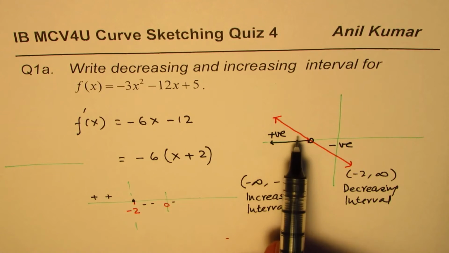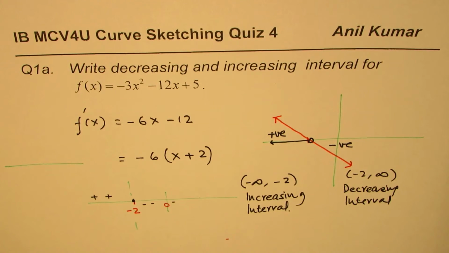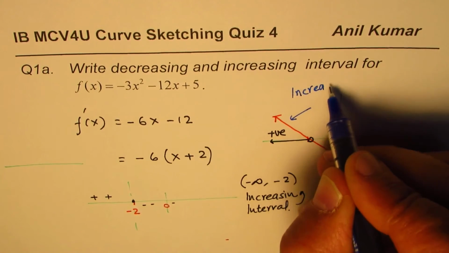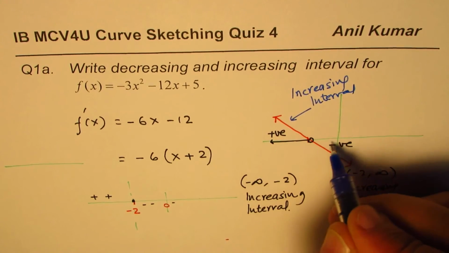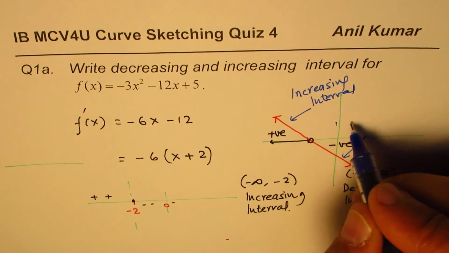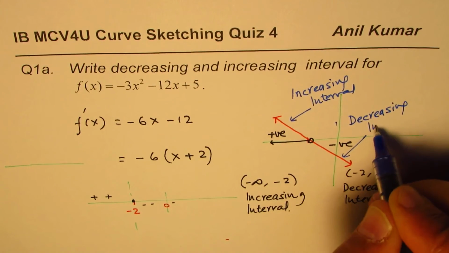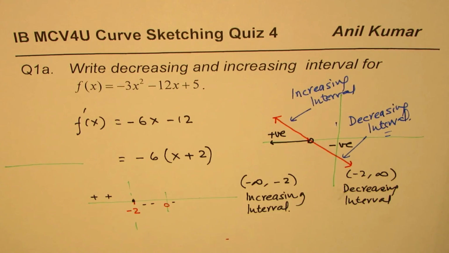So this part gives you where the derivative is positive, the increasing interval. And that part here is negative, which is the decreasing interval. So it is important to understand these concepts as we discuss the questions, and I hope that really helps.